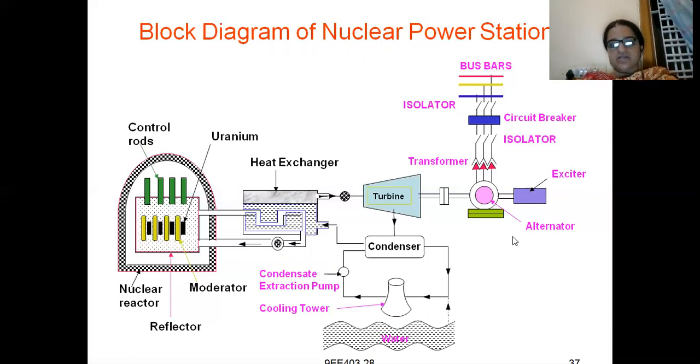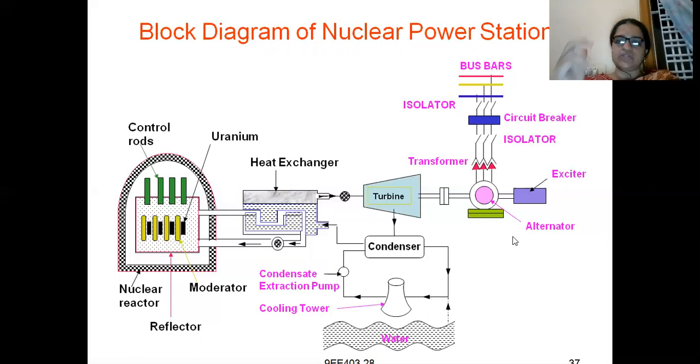So that is the reason you are introducing a moderator, which is yellow in color, in between the fuel blocks. Next, the whole setup you place in a big rectangular block, and the ends of this block are lined with reflector materials.